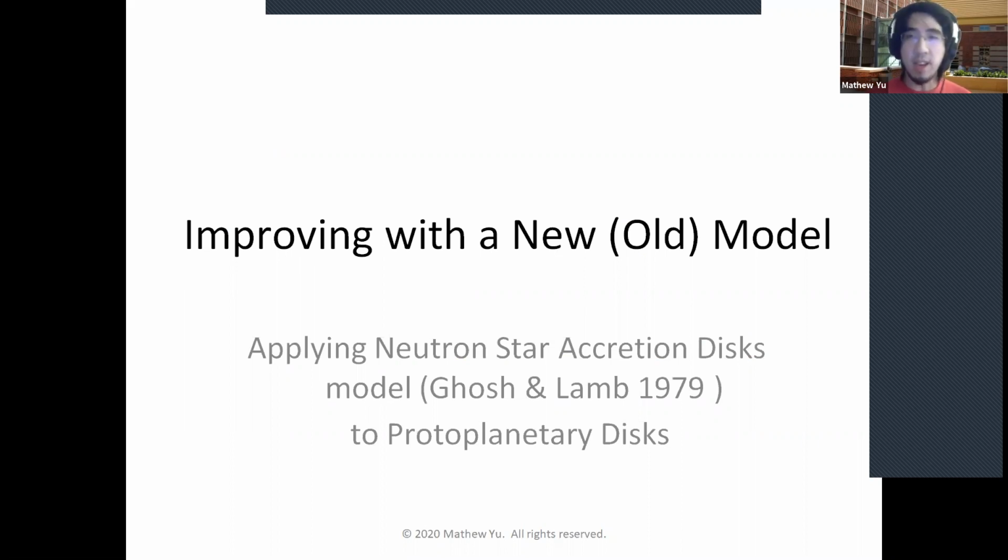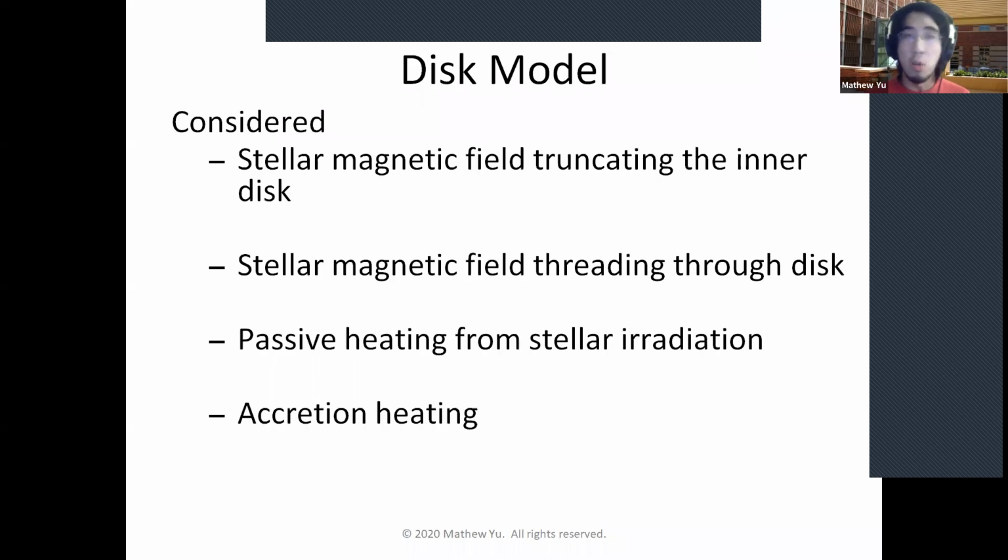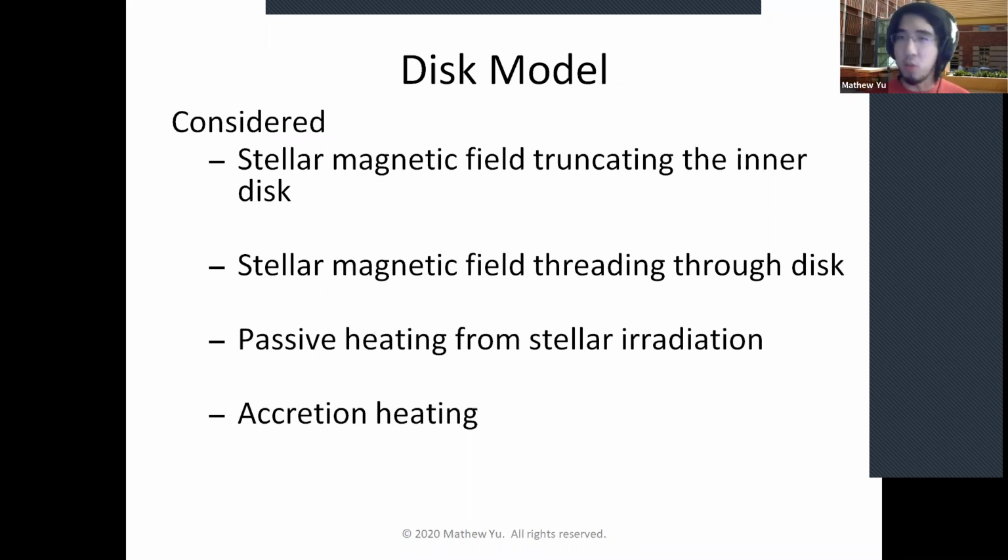The main thing about this model is that it considers not only a sharp truncation at the inner disk, but also adds in the influence of the magnetic field itself on the inner region of the disk, not only the teeny tiny bit of the truncation. We would like to apply this model to the protoplanetary disk case, which goes into our own disk model, where we still consider that a magnetic field truncates the disk at roughly the same location as the previous model.